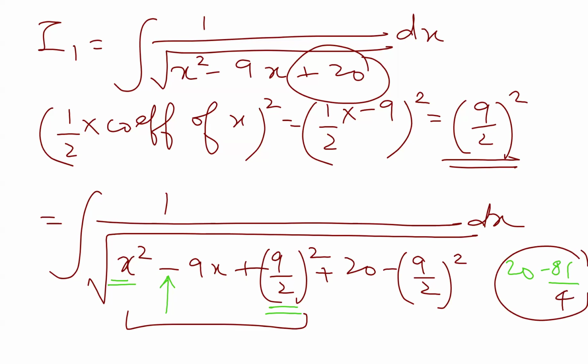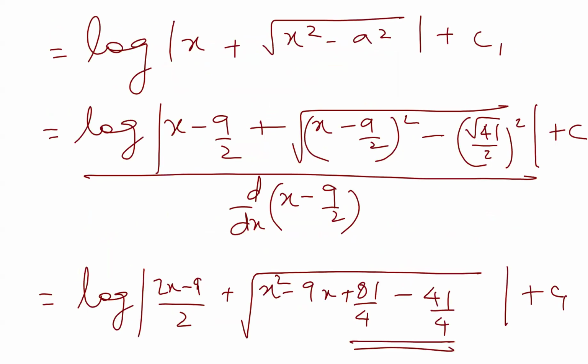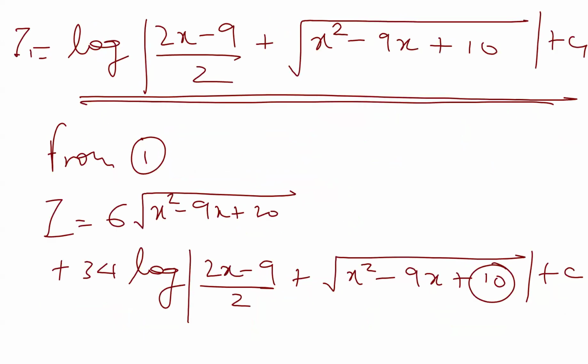So this will be minus of 20 into 4, that is 80, minus 1 by 4. 1 by 4, so this will be 1 by 2 the whole square, right? Please excuse me for this. This is also 1 by 2 the whole square. So this will be 1 by 4. 81 minus 1, that is 80. 80 upon 4, that is 20. We got 20 now. Fine. So sorry for this.